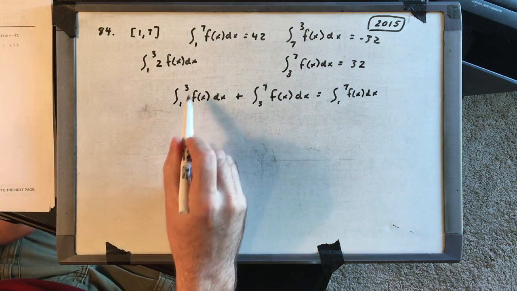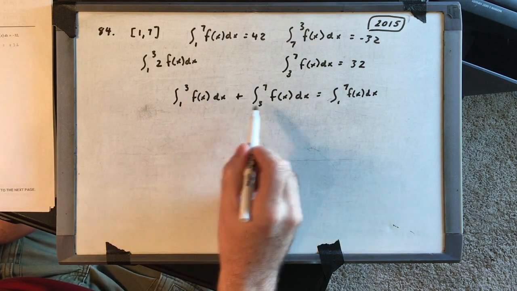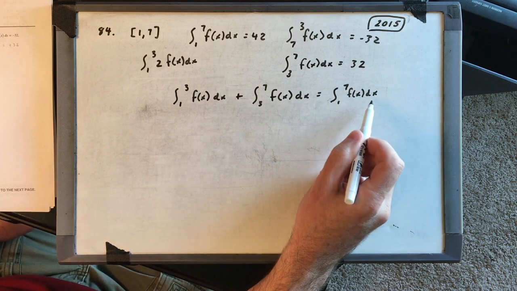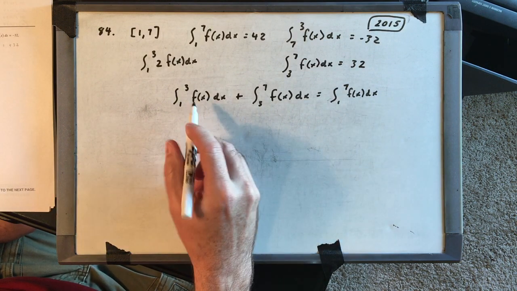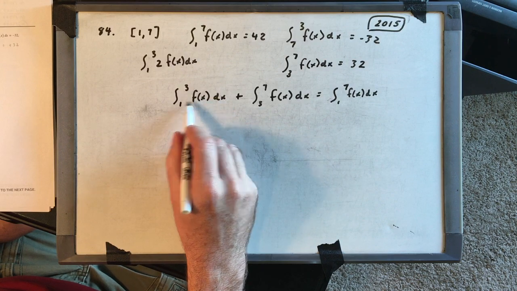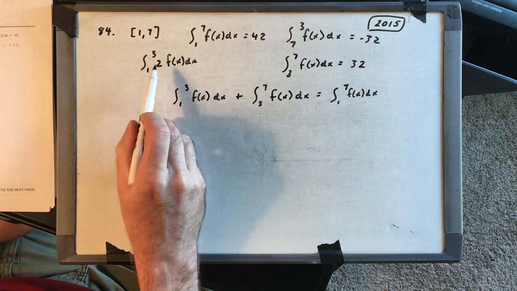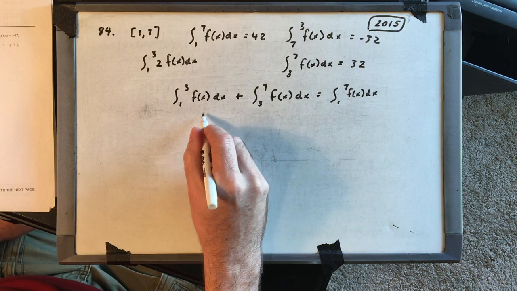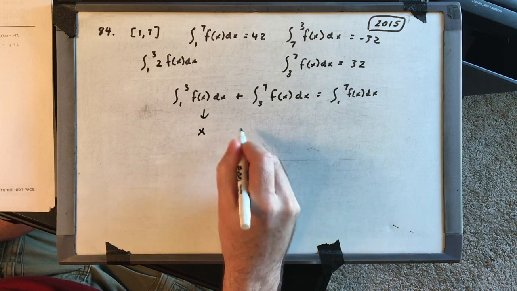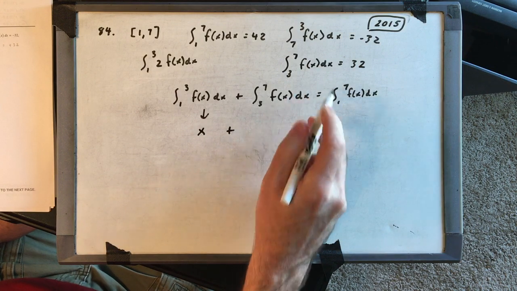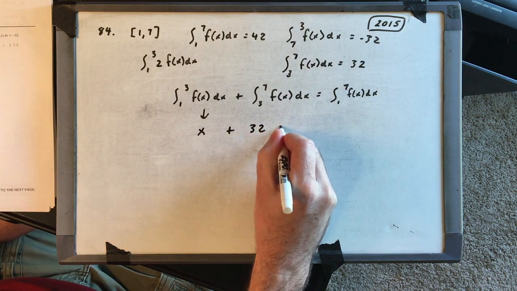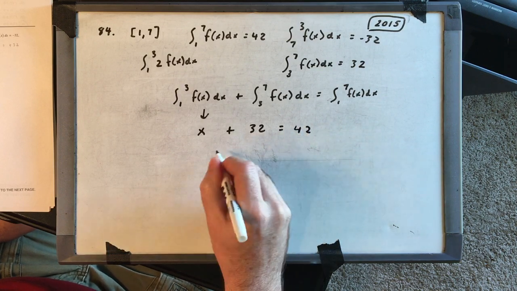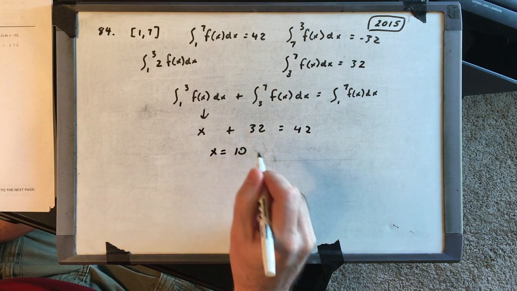You're going from 1 to 3, you get an answer, and then you go from 3 to 7, add those two up, and you get 1 to 7. We want to know what this is, and then we'll multiply that answer by 2. So let's just call this x. We know that 3 to 7 is 32, and that whole thing, 1 to 7, is 42. So x is equal to 10.